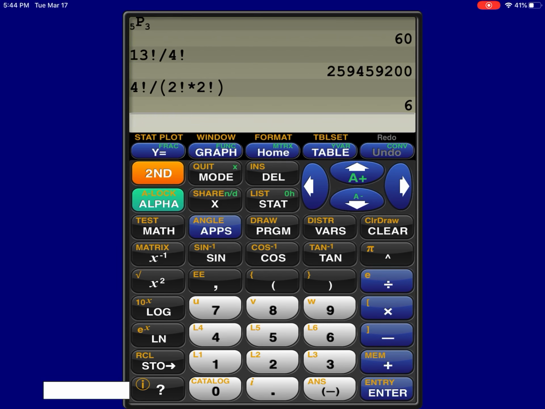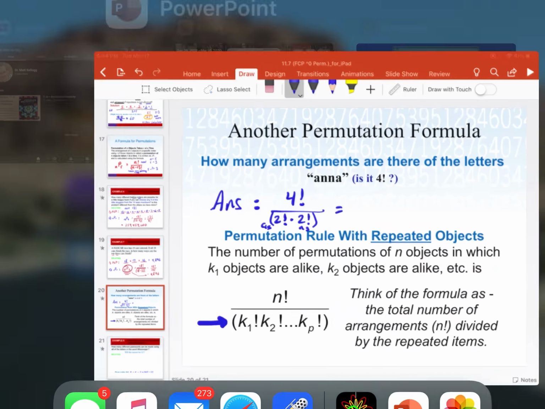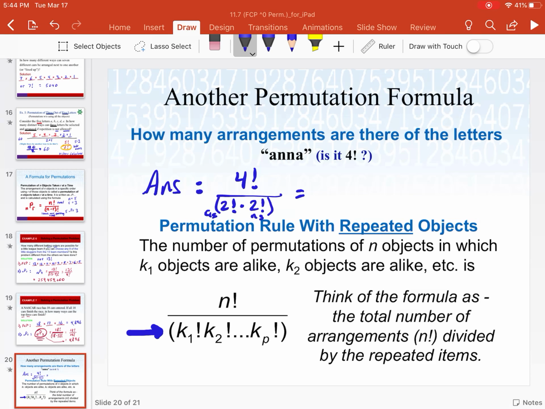Okay, so that, notice, is only 6. So the repetition makes a big difference. It reduces the number of arrangements dramatically because there's not as many because of the repetition.